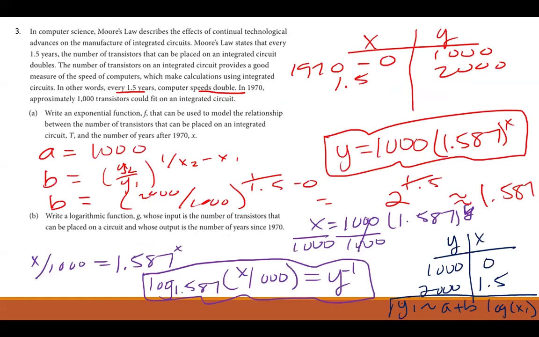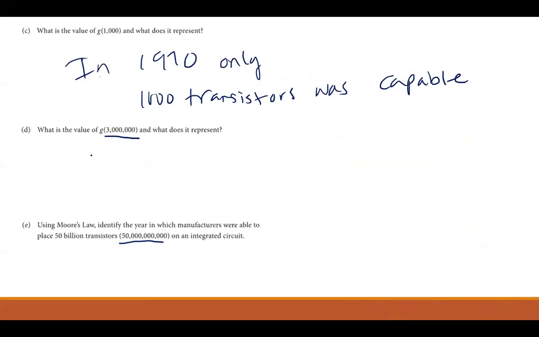So when it says, what does it represent? Remember, we're going back to what each one meant. When we're talking about the number of transistors an integrated circuit provides, that is a good measure of the speed of the computer, right? So the computer speeds have drastically increased based on its growth, right?